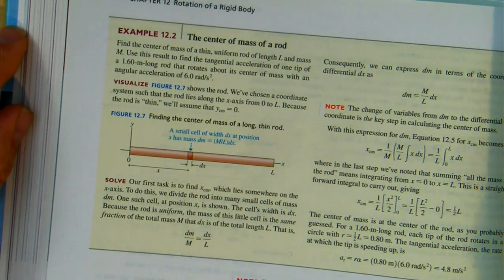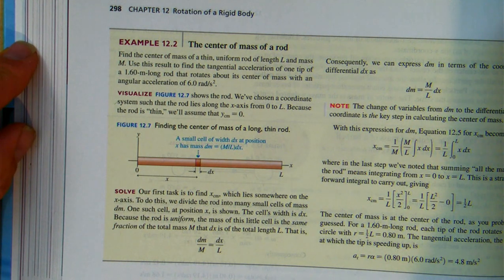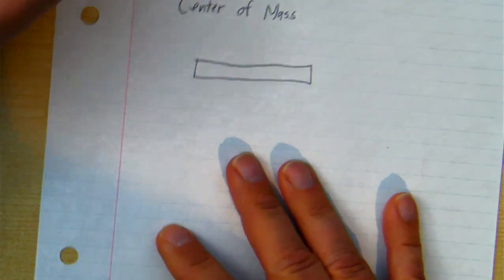What I can say is there's an example in your book of doing this. 12.2, center of mass of a rod. Kind of dumb. The center of mass is where you would expect it to be because it's uniform density, uniform thickness. But mathematically, it makes perfectly good sense to try to do that as an example.